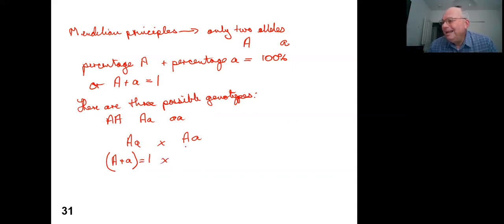Crossed with, again, same argument. This individual must be in the same position. Now, this then becomes distributive multiplication, because if big A plus little a equals 1, big A plus little a multiplied by big A plus little a must also equal 1, mathematically.